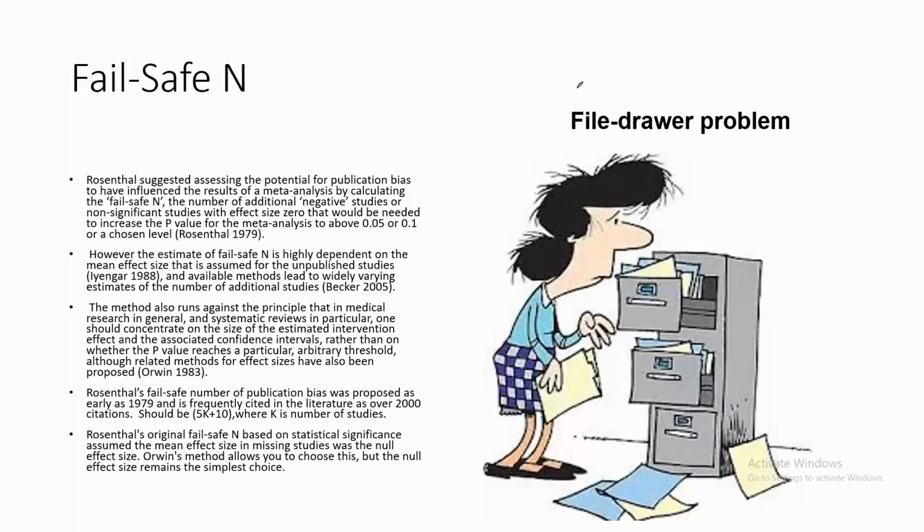It means your study has 31 papers, and there are another 25 papers which you need from the world of research, which will have insignificant p-values for the same bivariate relationship, attitude and intention.